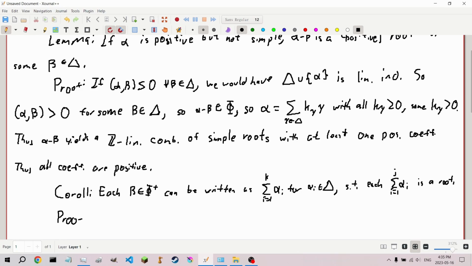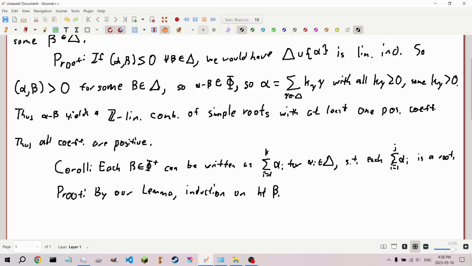And the proof is by our lemma, an induction on the height of beta. Okay.